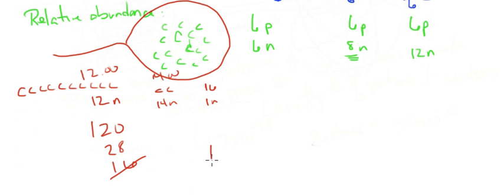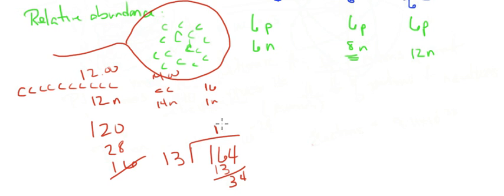I have a total mass of 164, and I'm going to divide that by the fact that I have 13 different carbons.